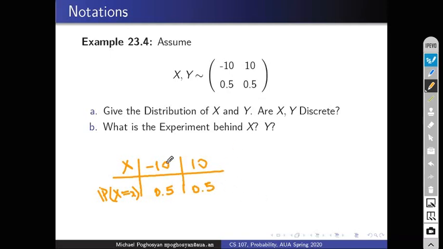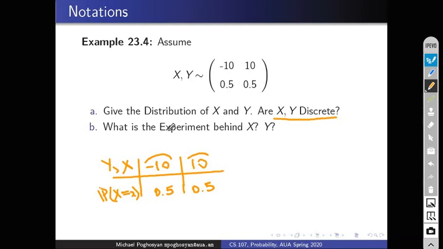This is the same as writing this, and the same for y, so I can add y here. Are x and y discrete? Of course they are discrete, because they are taking just two values, minus 10 or 10. They can take only two values.